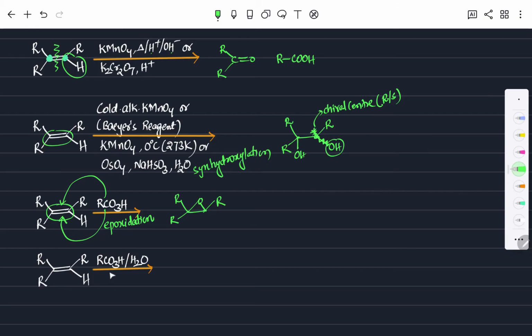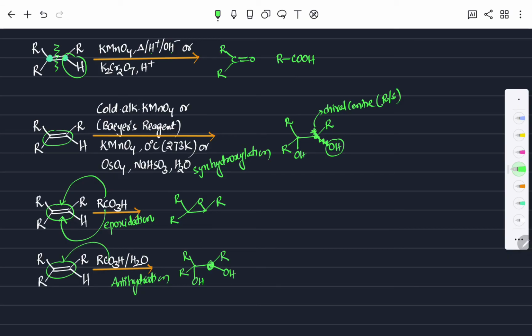When the same alkene is treated with peroxy acid and water, this reaction is an anti-hydroxylation example. So remove the pi bond and add two OH groups. Again, it is the only chiral center.